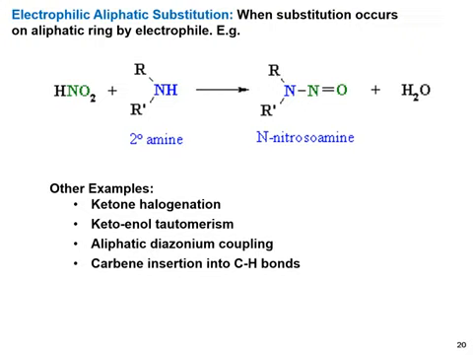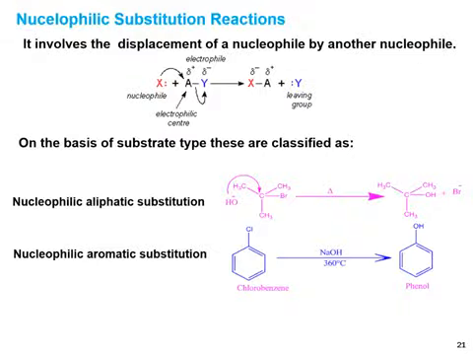This is an example of electrophilic aliphatic substitution. Other examples are ketone halogenation, keto-enol tautomerism, aliphatic diazonium coupling, and carbene insertion into the CH bond.